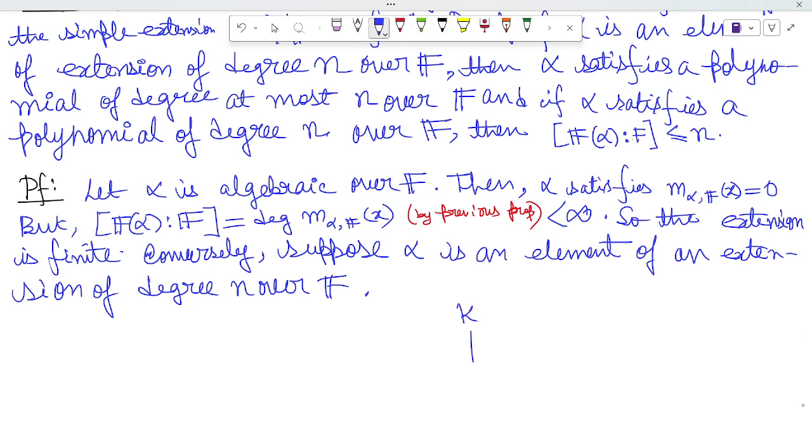That means there is some alpha where alpha belongs to K and the vector space dimension of K over F is n. So the degree of the extension is n, so any n plus 1 elements will be linearly dependent.